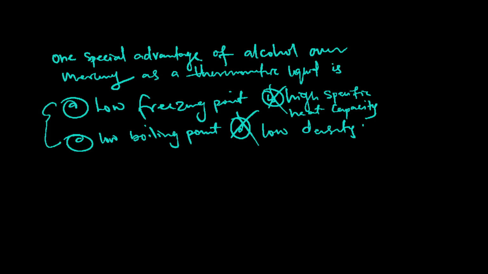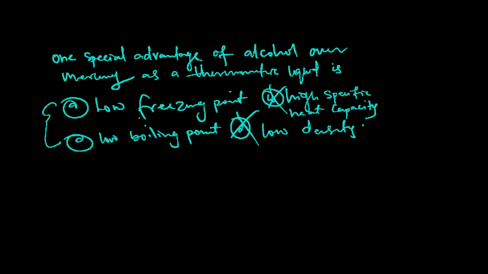Low freezing point. I told you that when we are listing the advantage of mercury over alcohol, if you look at mercury, the lowest temperature that mercury can measure is minus 39 degrees Celsius. I said that in that class. So any substance whose temperature is lower than minus 39 degrees Celsius, then you cannot use what? Mercury.